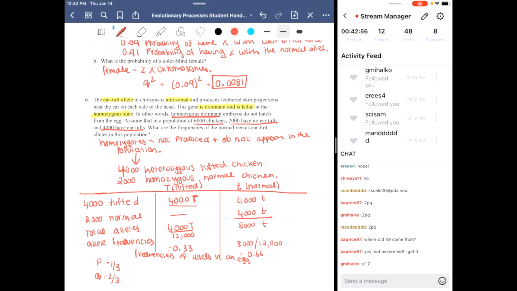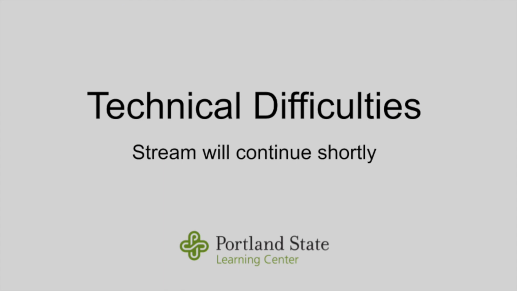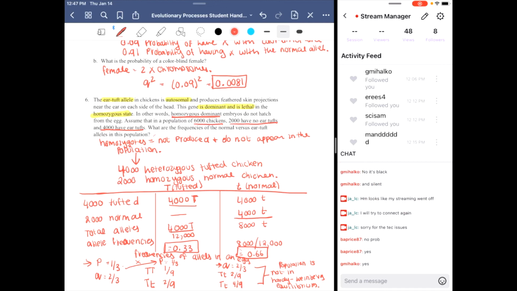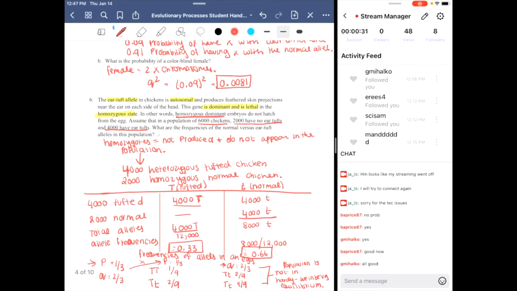Again, can you guys hear me now, or is it still a black screen? Okay, awesome, great. When I cut off last time, was it at the end of question 6 or was it later?